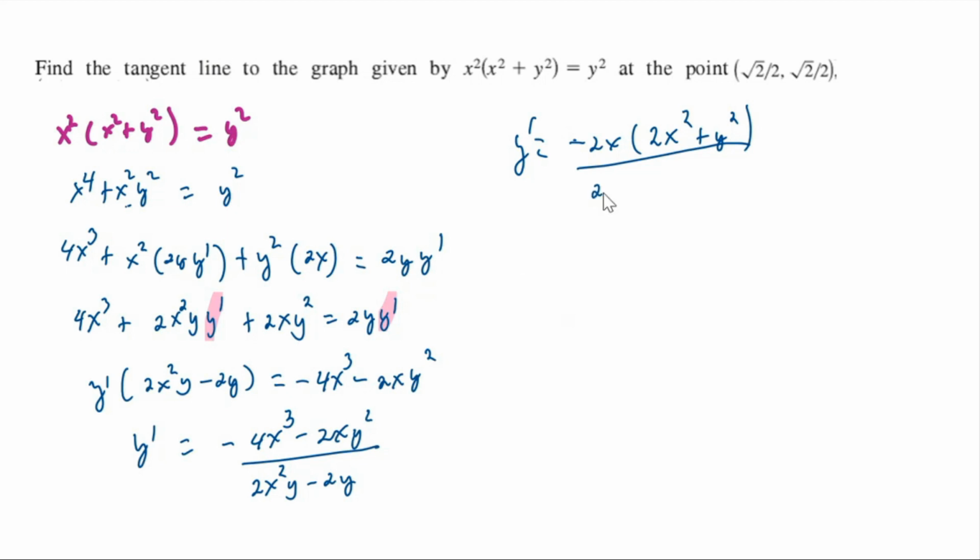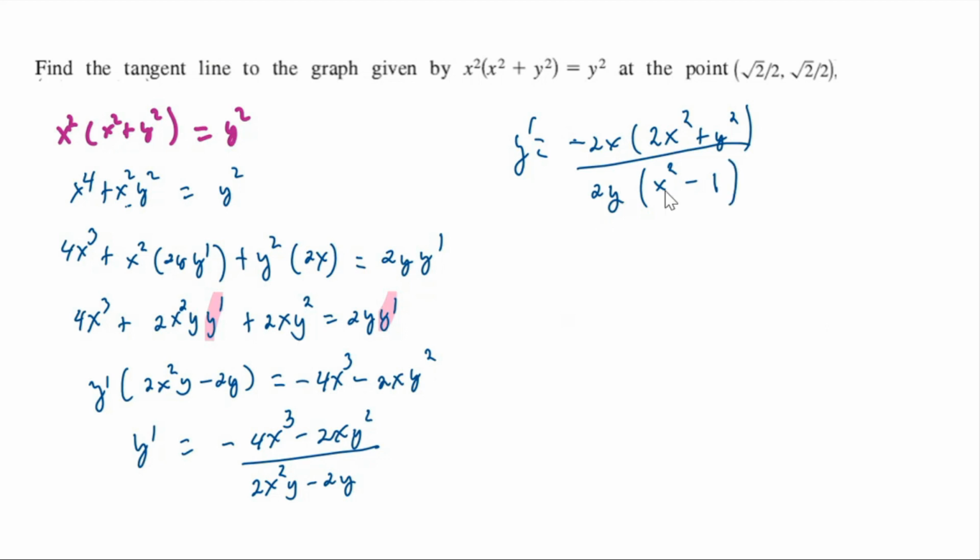Now the denominator, our common factor there is 2y. So I can write 2y. Then divide that one now from the denominator. So 2x squared y divided by 2y. So the 2 cancels and the y cancels. So the remaining term now will be x squared, minus 2y divided by 2y, we have here minus 1.